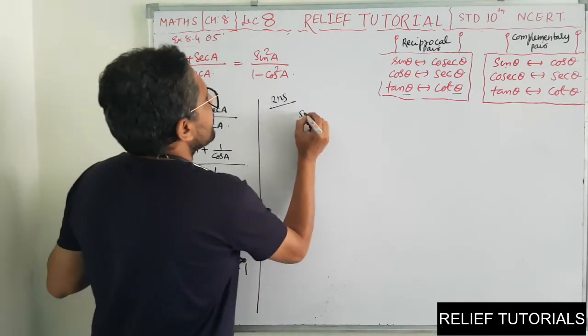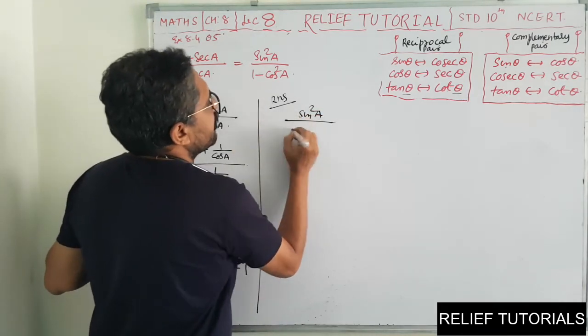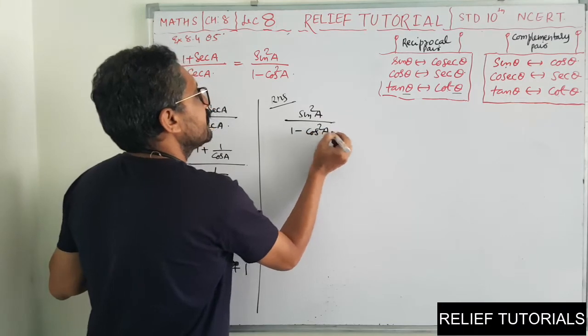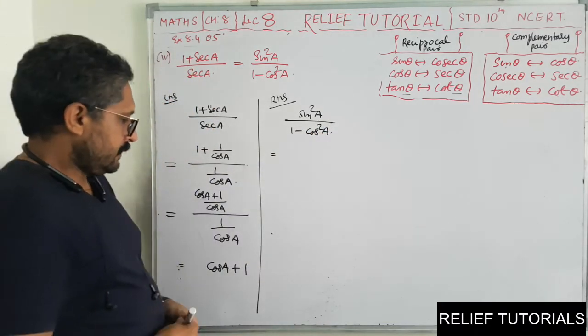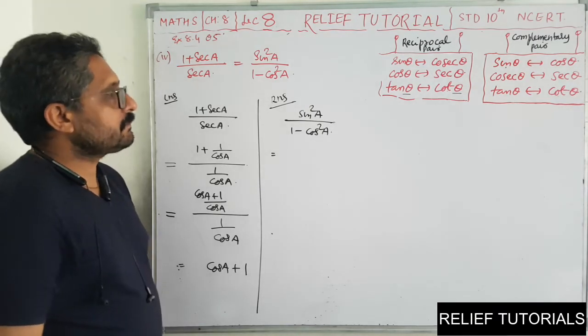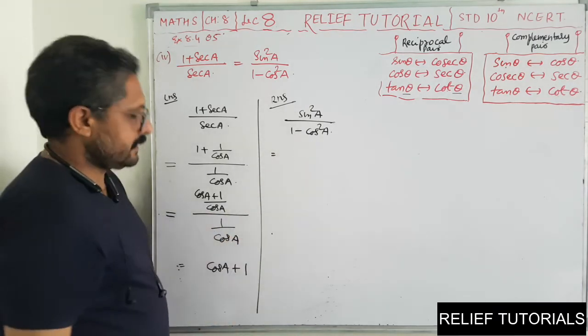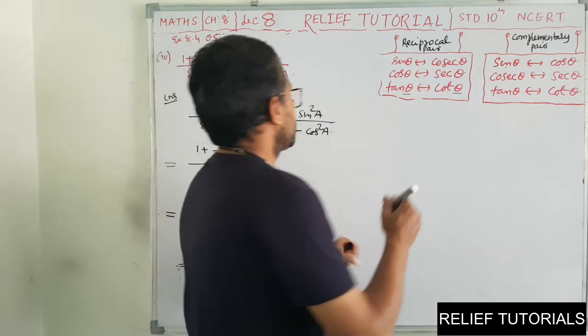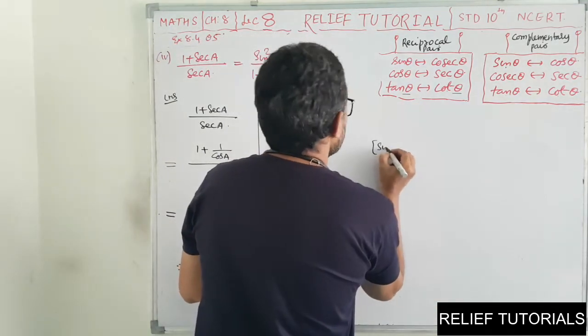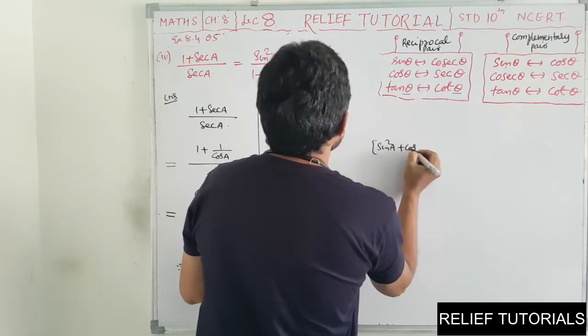Now RHS: you see sin squared upon 1 minus cos squared. So how do we do it here? You know sin square theta plus cos square theta is 1.